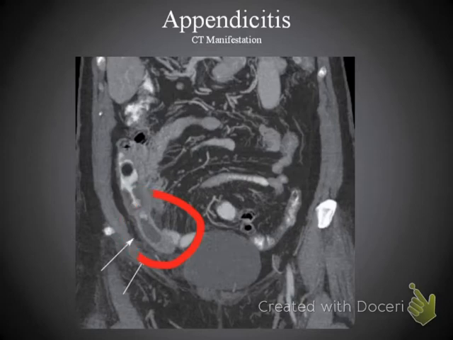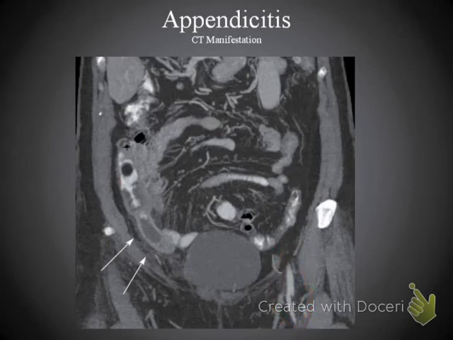And not only do we have appendix here, we do have some stranding coming off of it here. And because of that, we do say that this person definitely does have appendicitis. And if we look around, the patient has oral contrast here, IV contrast here, and so we kind of hit them with both of these as well.